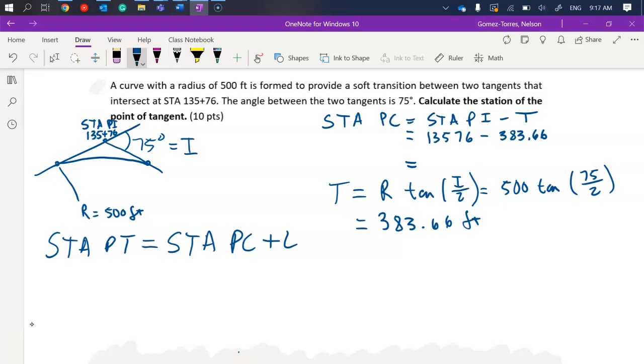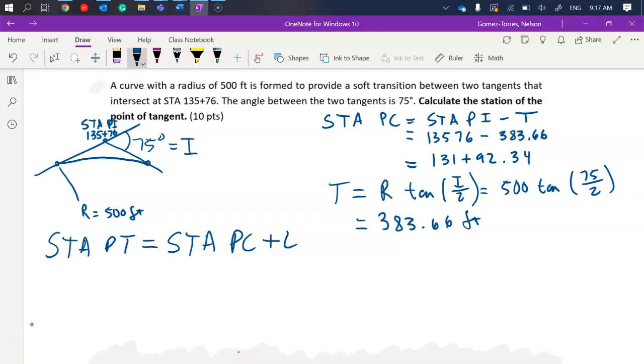That, no, minus 576. So it will be 131 plus 92.34. That will be the station of PC.